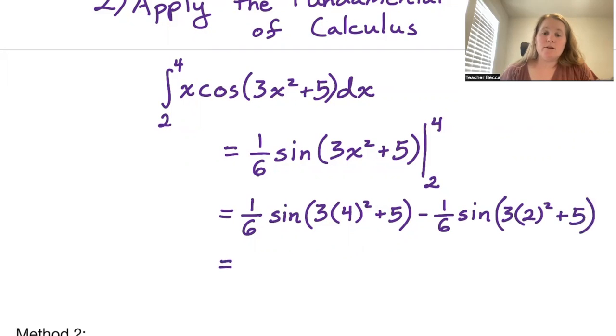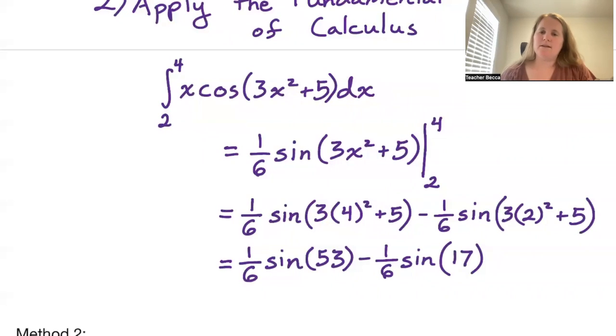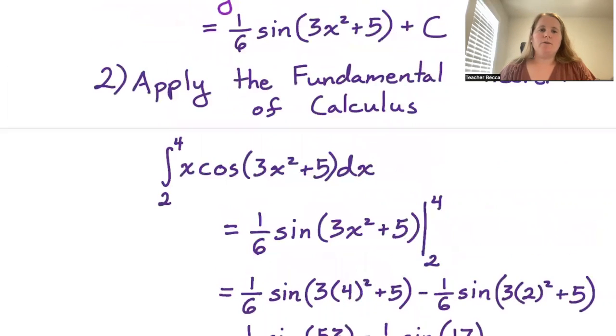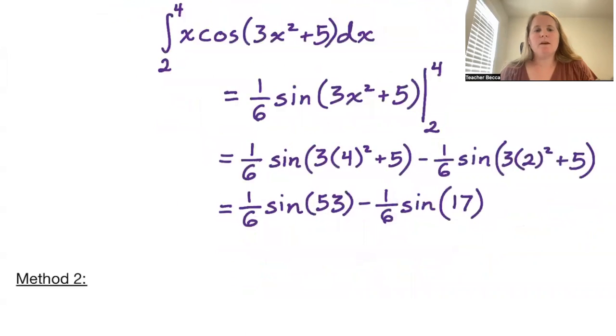And I'm just going to leave this in the format of 1/6 times sine of 48 plus 5 is 53, minus 1/6 times sine of 12 plus 5 is 17. So this is using the fundamental theorem of calculus with u-substitution involved, where we go completely to the end of the antiderivative in terms of x.